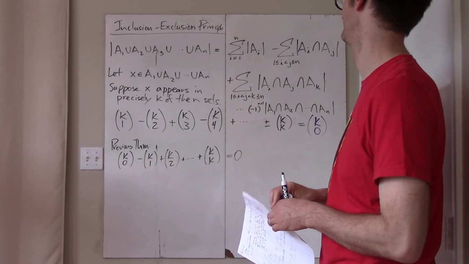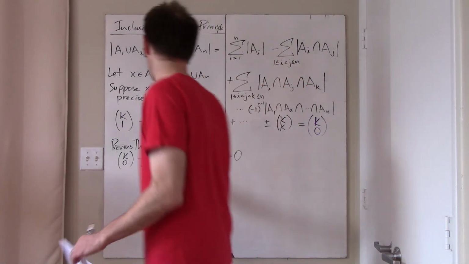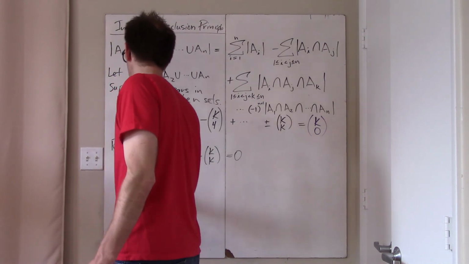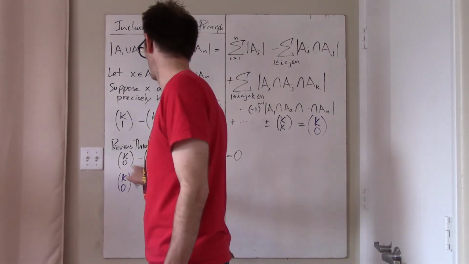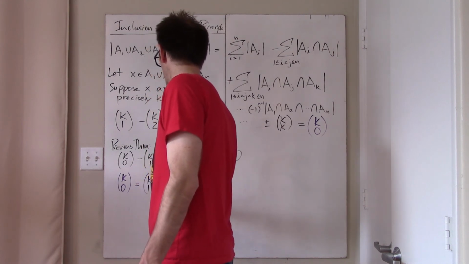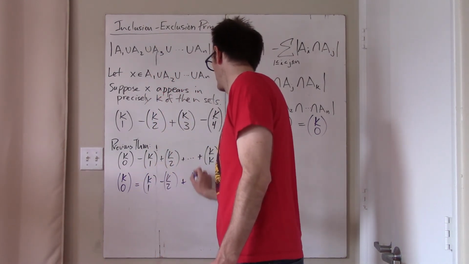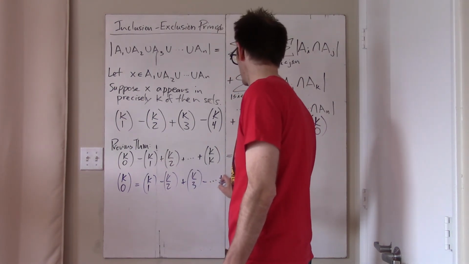Or maybe, so this was the previous theorem. I guess if we're really going to do this all out, if anyone is still watching, you could take the previous theorem and just move things over, right? K choose 0 is just k choose 1 minus k choose 2 plus k choose 3 minus, and all the way up until we get to k choose k.